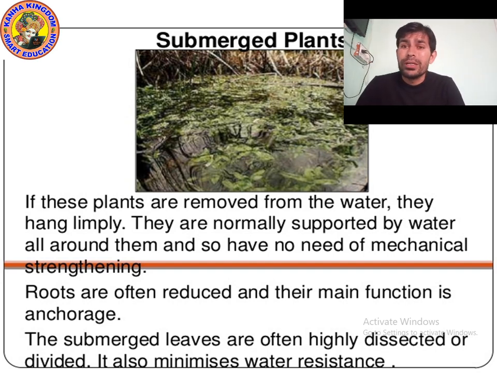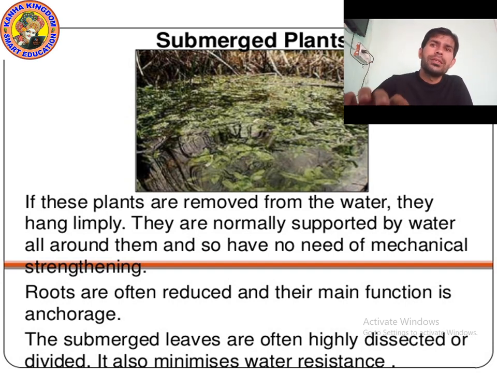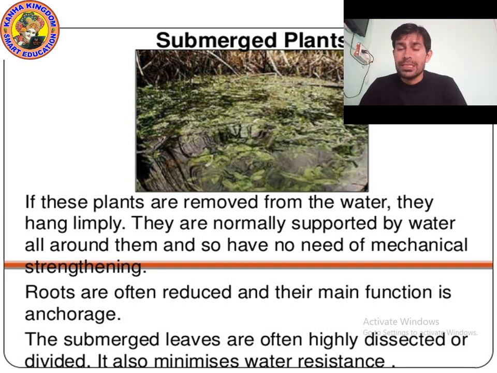Otherwise, water can completely destroy their body. Because of this property, they can survive easily in the water. So submerged plants are half inside the water, half outside.